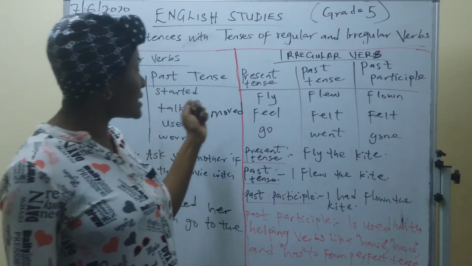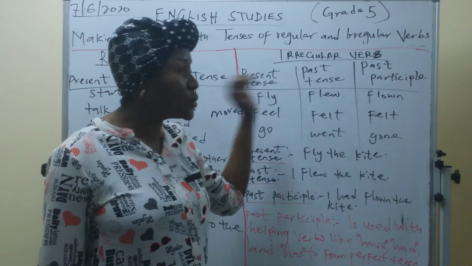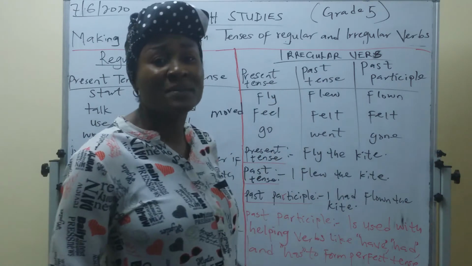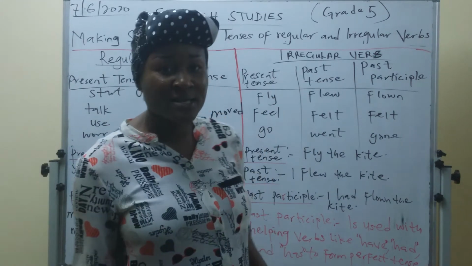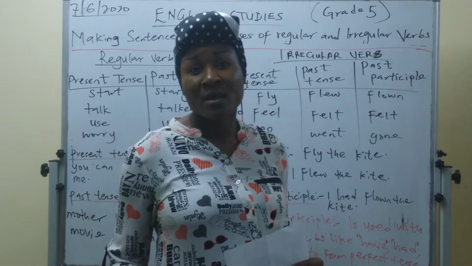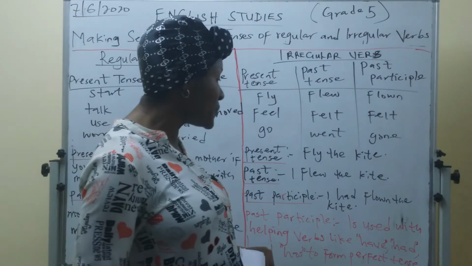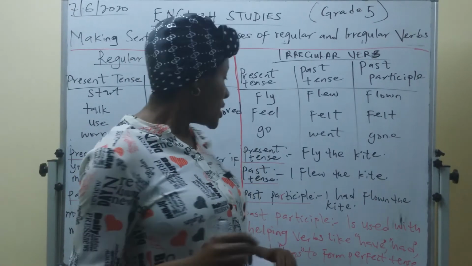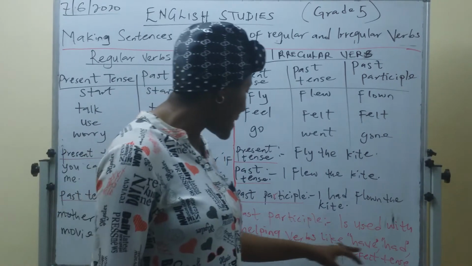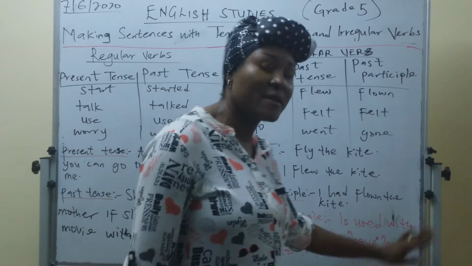The present tense is fly. The past tense is flew, and the past participle is flown. Now you might be saying, teacher, you talked about present tense, past tense, future tense, but I have not heard of the past participle. Now, I said that the past participle is used with a helping verb or auxiliary verb, like have, had, or has, to form a perfect tense.